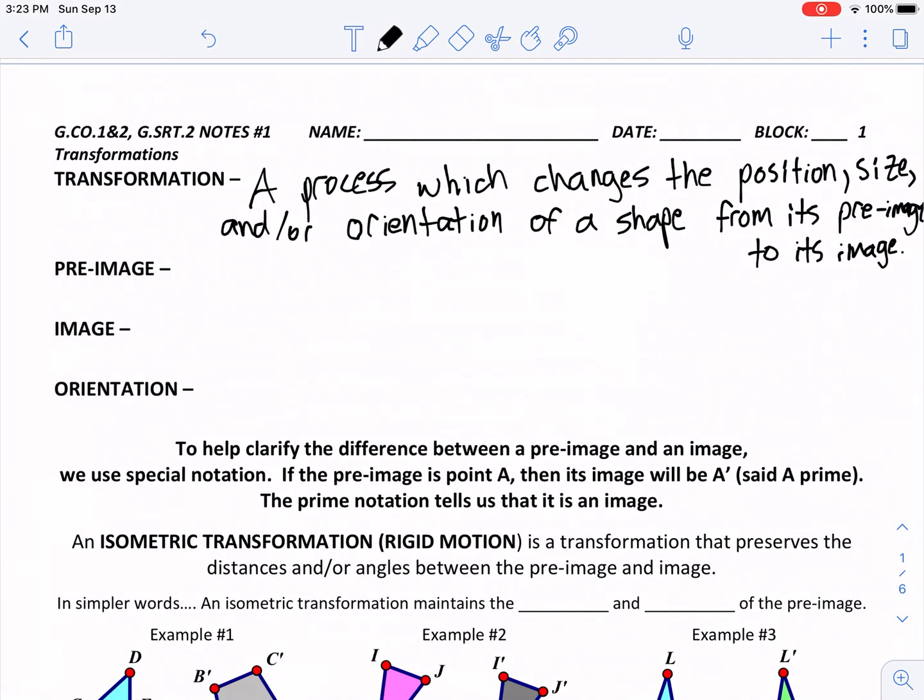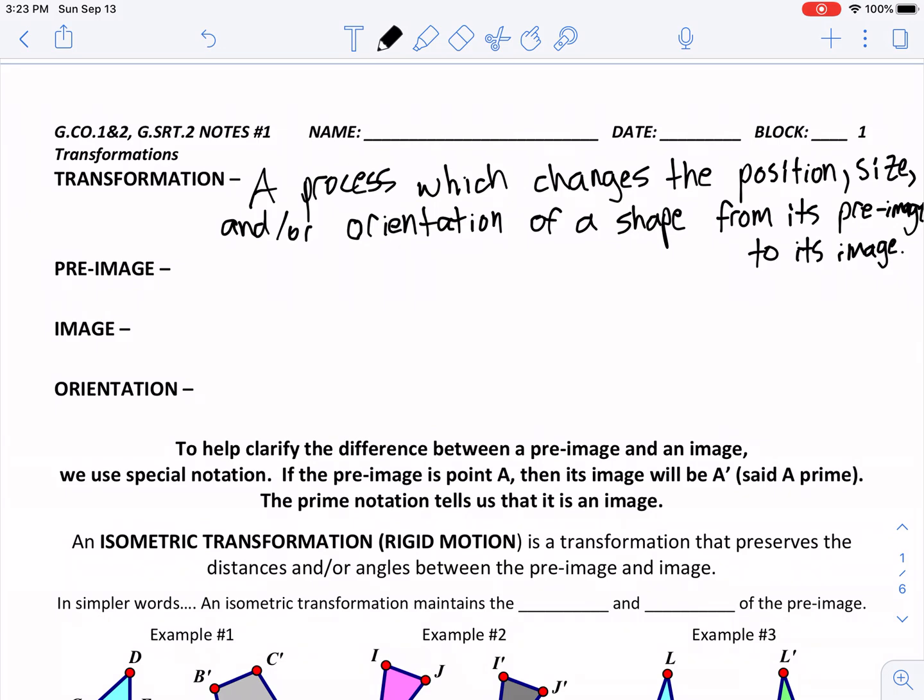Okay, so all that means is we have a process of changes happening with the original figure that we're looking at, in which those changes from what the figure we start with, its pre-image, to the image that we end up with, the actual image, or the after image after we make all the transformations, okay?